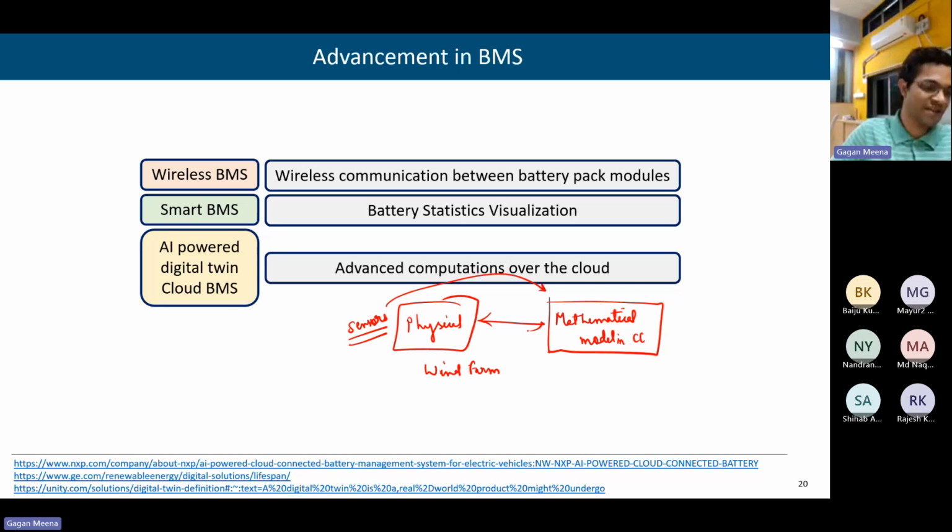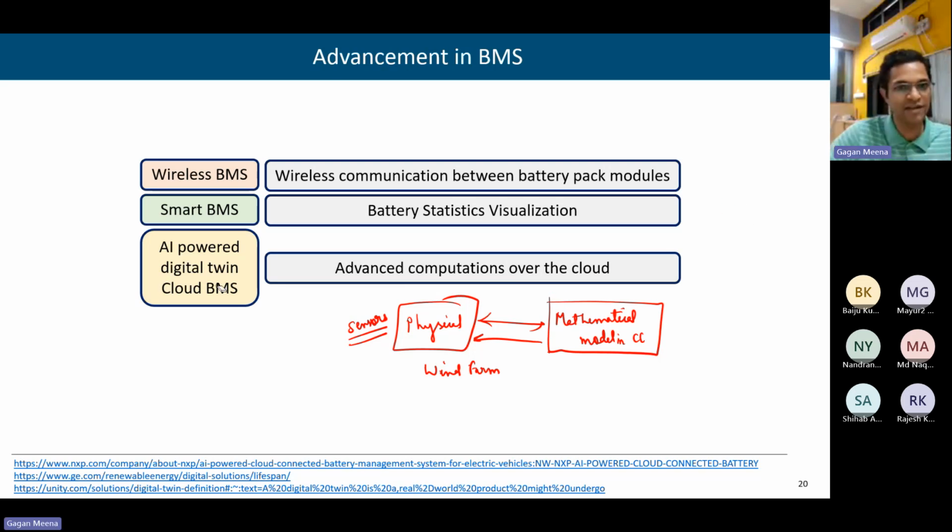And we have already seen this SCADA, RTU, all those things. Then the control center can send some commands to the physical model. In that way, simply from the control center, we can control, we can monitor many things. We can optimize its operation also.